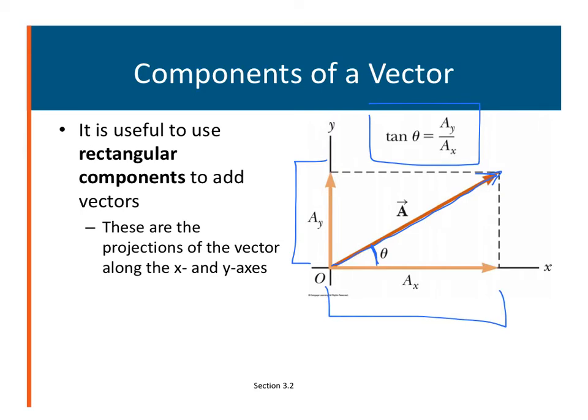Tangent of this angle theta is going to equal the y component over the x component, because we can take this y component and move it over to this side and we form a right triangle. From that, all of our trig relationships are going to come into play. We just consider these components to be the projections of the vector on the x and y axes.